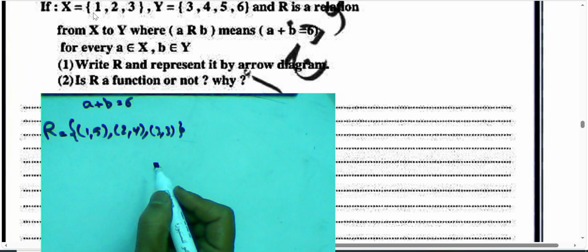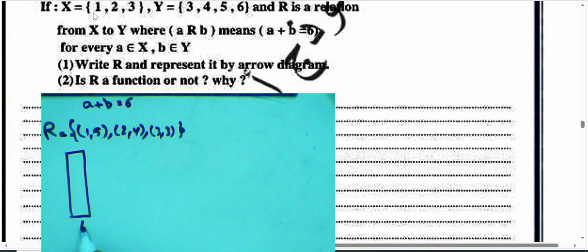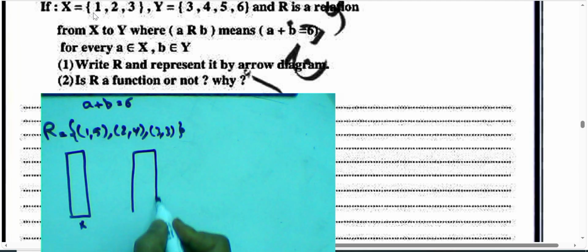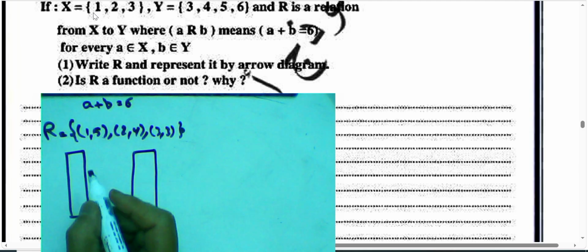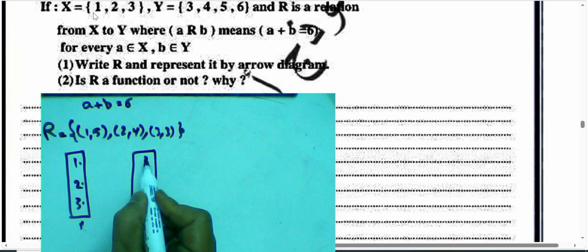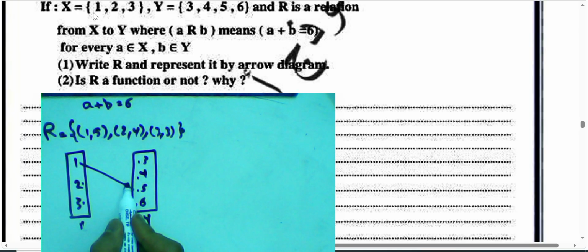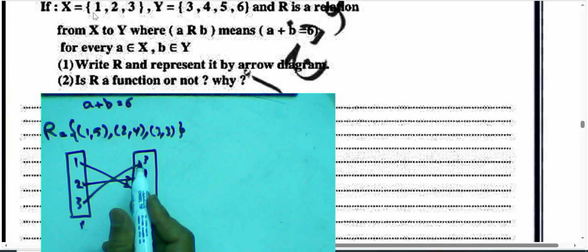We can draw an arrow diagram. First set x is 1, 2, 3, and second set is 3, 4, 5, and 6. Join 1 to 5, 2 to 4, 3 to 3.